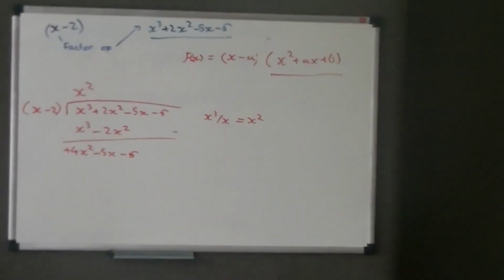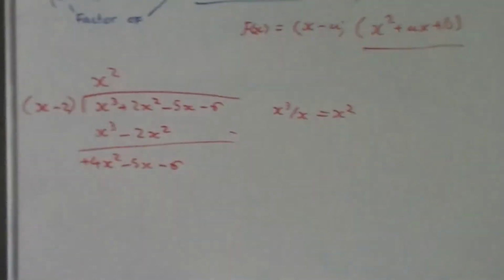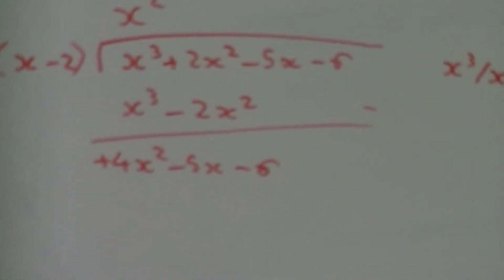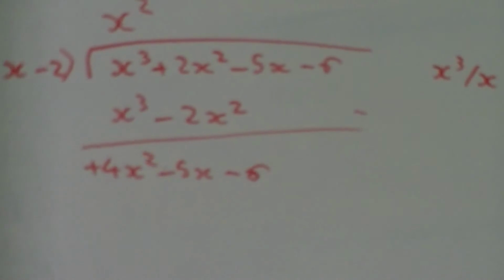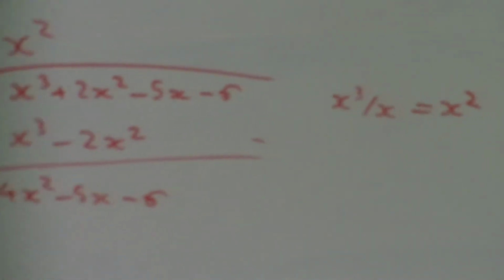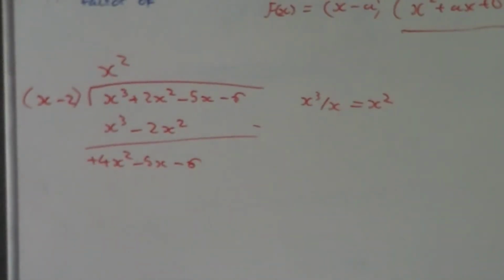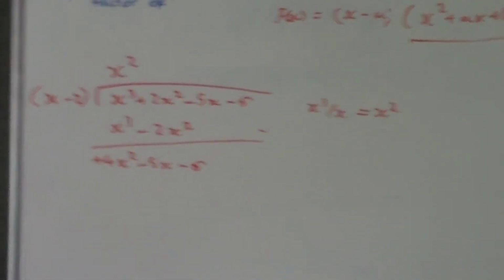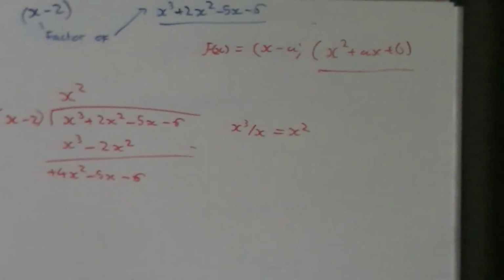I've probably wasted quite a lot of your time. You see there, it says 4x squared, take 5x, take 6, and up here it's saying put it into that form. Now you may go, well that is exactly the same as that there, but you've got to remember, we're halfway through doing an equation here. We're doing a division. You can't just pluck out a number because it looked like the same thing.